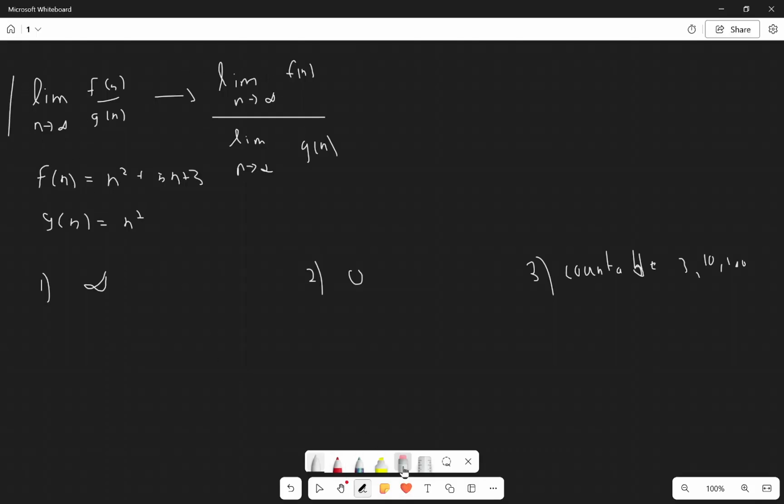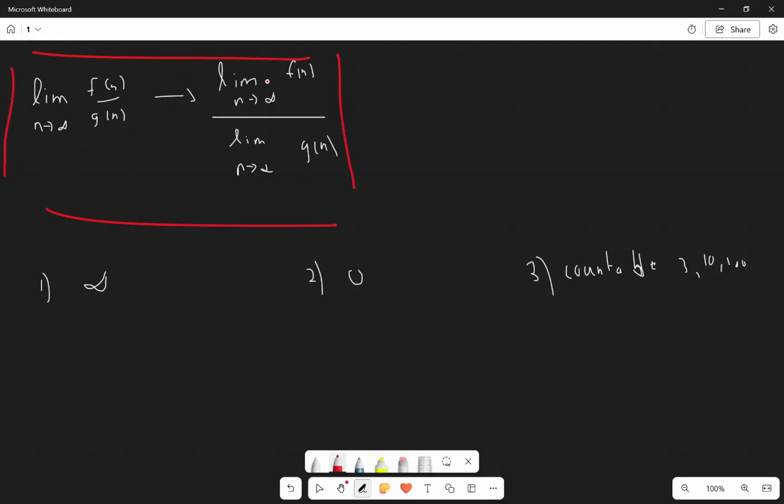Okay, let's get rid of this fn as well for now. We won't be doing any calculations. So for this expression over here, there are three possible values.